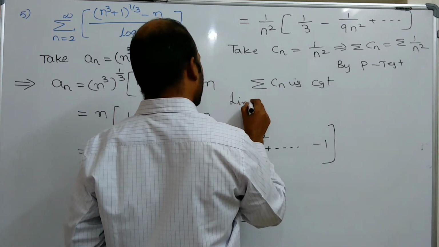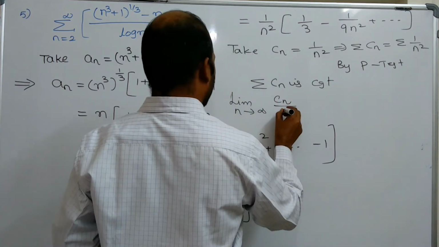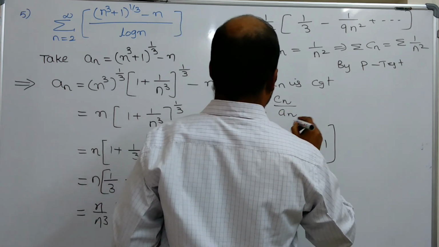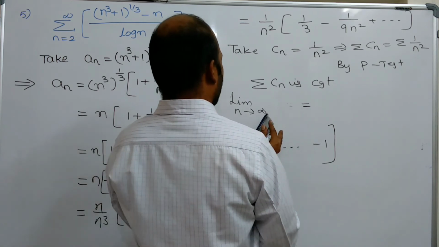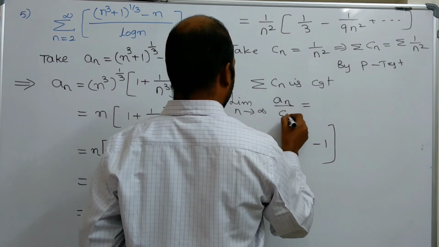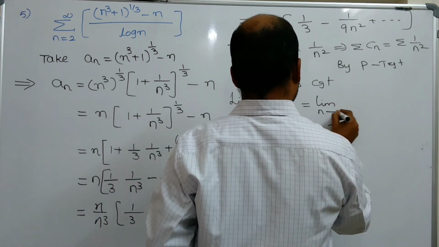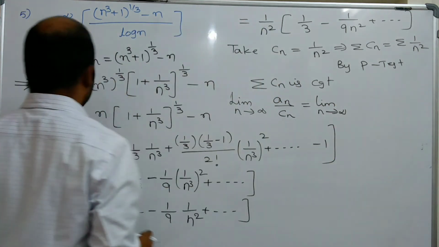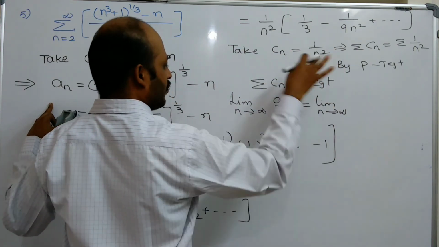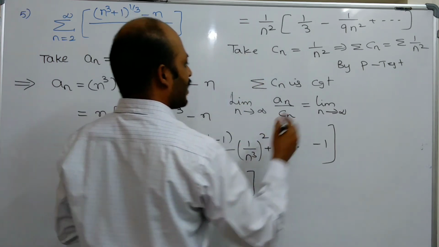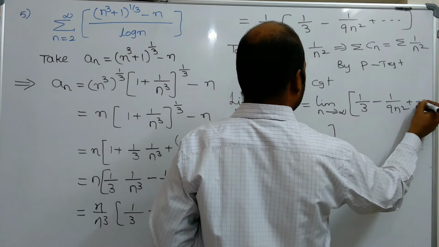Now calculate the limit as n tends to infinity of an by Cn. You observe that an is 1 by n square times the bracket, and Cn is also 1 by n square. 1 by Cn means n square, so n square get cancelled. Finally you get 1 by 3 minus 1 by 9n square plus and so on.